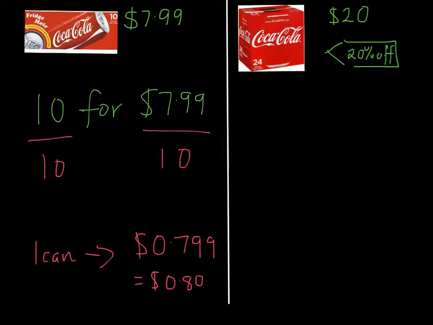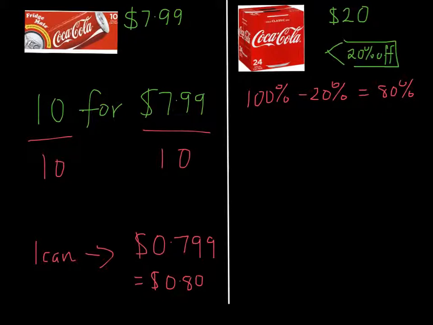With the second option, you can see that it is $20 for the 24 pack, but it's also 20% off. So first of all, you want to take away the discount. So in this case, if $20 is 100% of the amount, and we take away 20%, that means the price is going to be 80% of the original price.